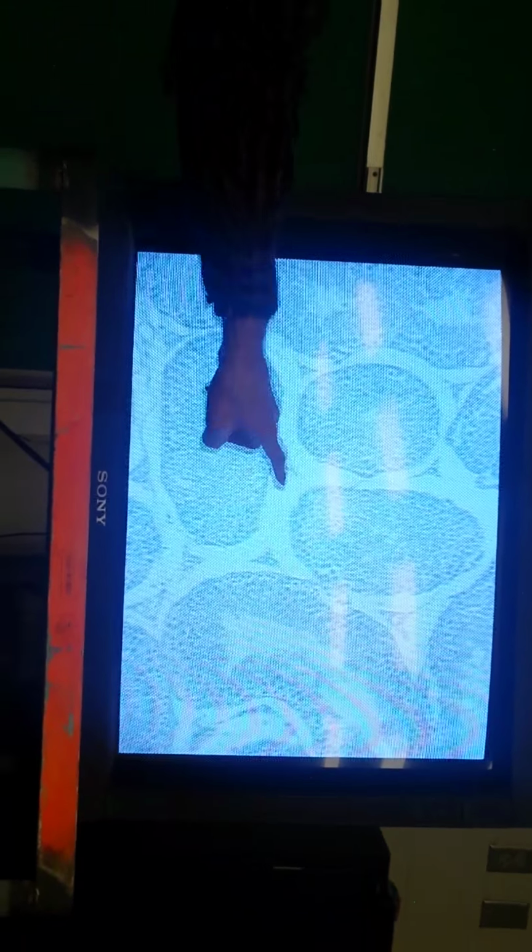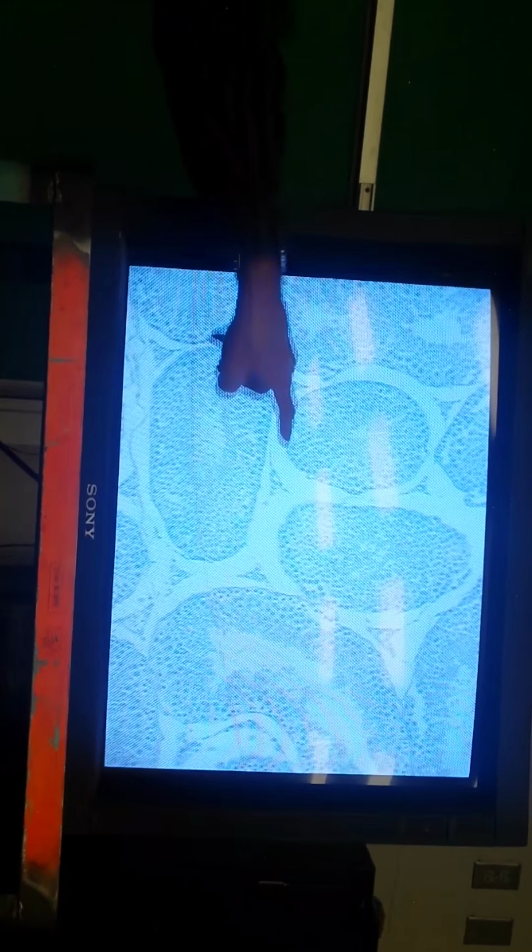Well, it might take a while to find it on this one, so let me just go with some of these things up here. Those are seminiferous tubules. What are these around them? Leydig cells, or interstitial cells. What hormone do they secrete? Testosterone.